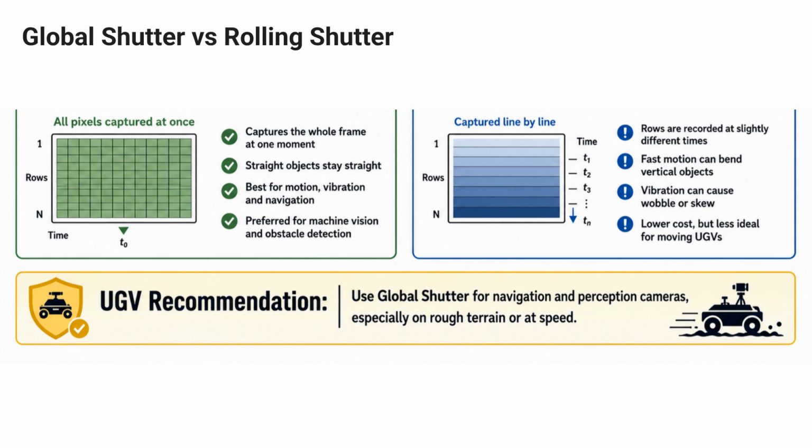A rolling shutter captures the image row by row. Its advantages are lower cost, wide availability, and often better resolution or sensitivity. However, fast movement and vibration can distort poles, vehicles, and terrain features. For vehicle navigation, global shutter is generally preferred, while rolling shutter is better suited to slower or more static applications.